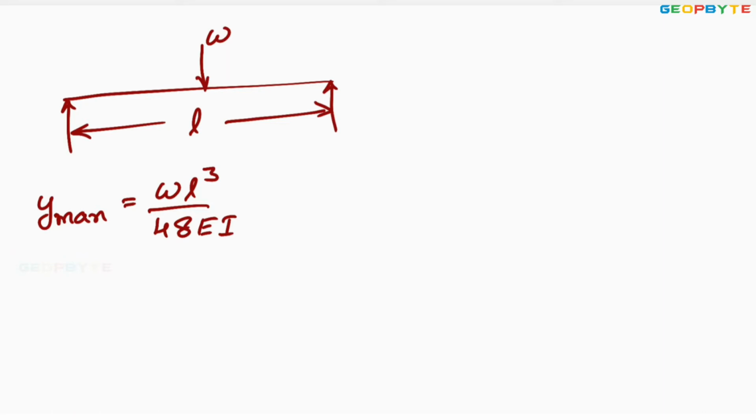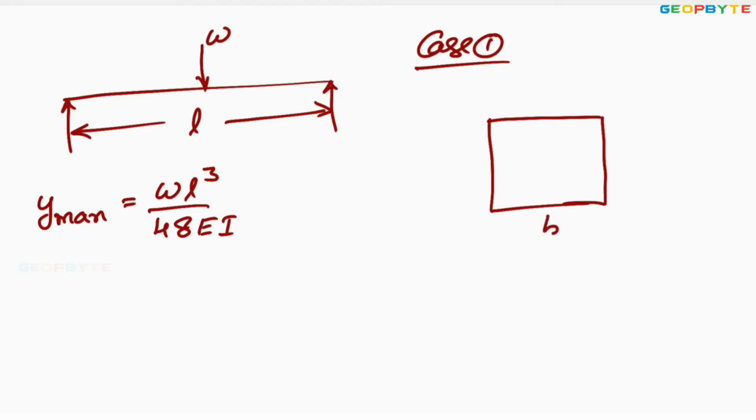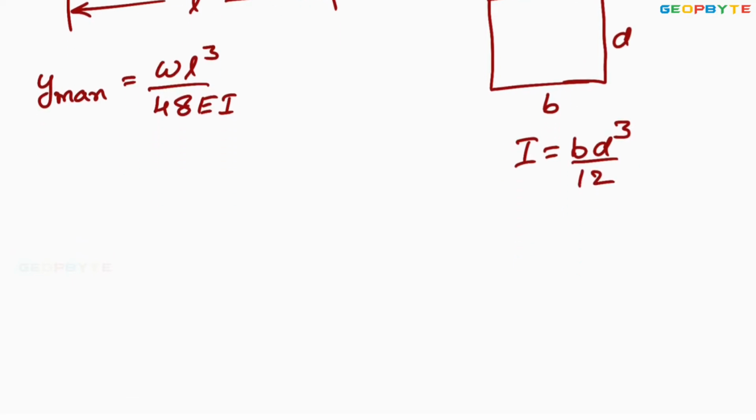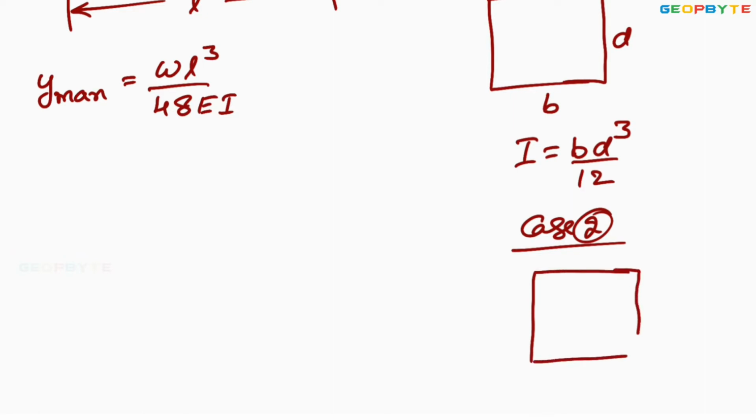Now for case 1, it is a rectangular beam of width B, depth is D. For this case, moment of inertia I equal to BD cube by 12. Similarly, for case 2, it is given that width and depth are replaced.